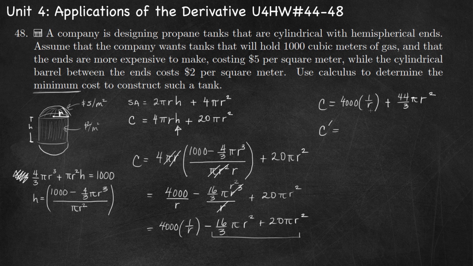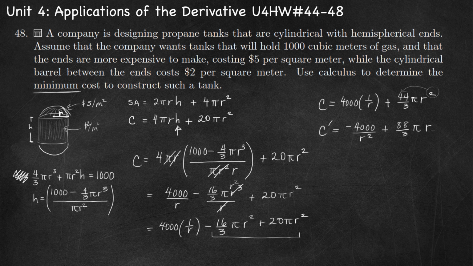So the derivative of 1 over r is negative 1 over r squared. So now I have negative 4,000 over r squared plus, and the derivative here, we're using power rules, so the 2 is going to come down, so I'll have 88/3 pi r.